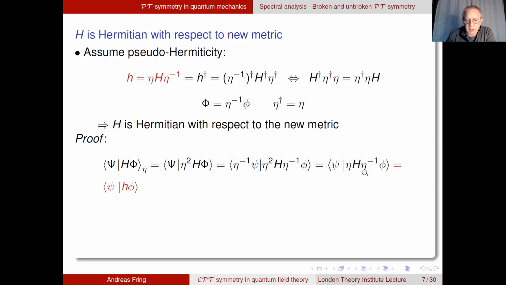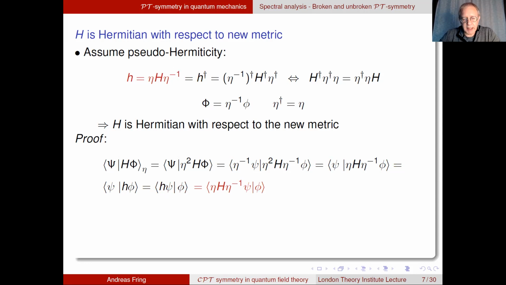And now I notice that this is just the pseudo-Hermitian relation, this similarity transformation referred to as the pseudo-Hermitian property of H. I can just use it and replace eta acting adjointly on H by small h. So I get phi eta h psi. And now I use the fact that small h is Hermitian, so I can just pull it to the left-hand side, and it will act on the phi.